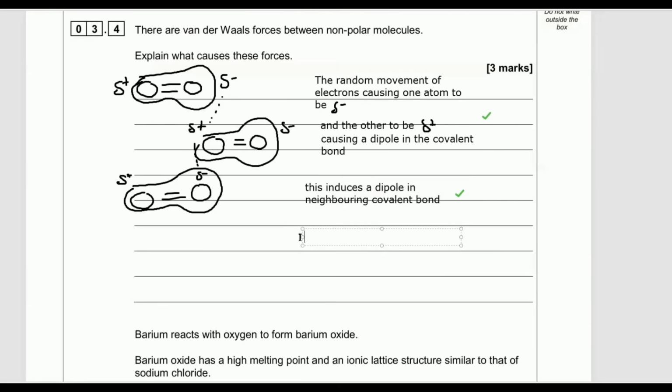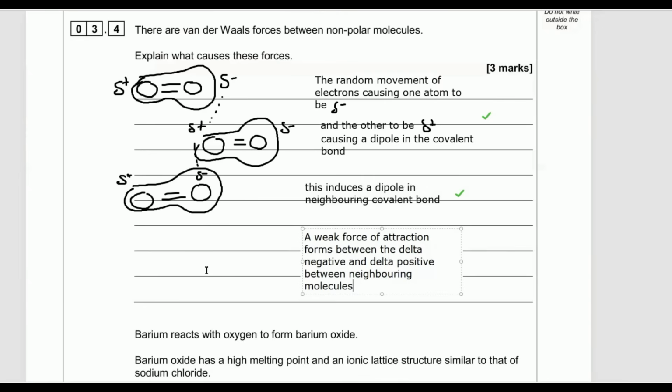There is a weak force of attraction. So a weak force of attraction forms between the, I'm going to write it this time, delta negative and delta positive between neighboring molecules.